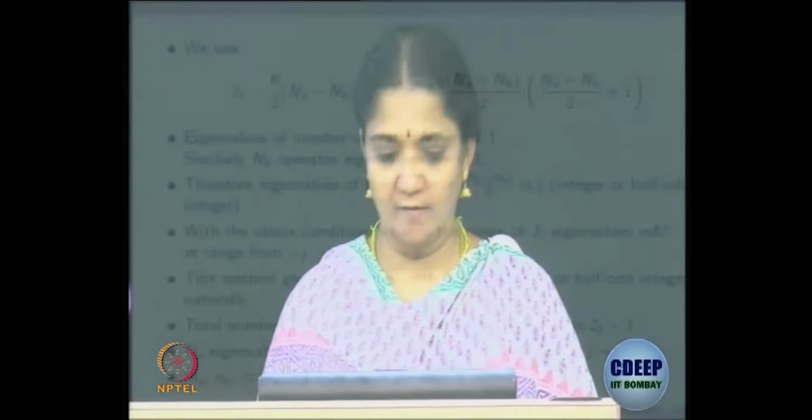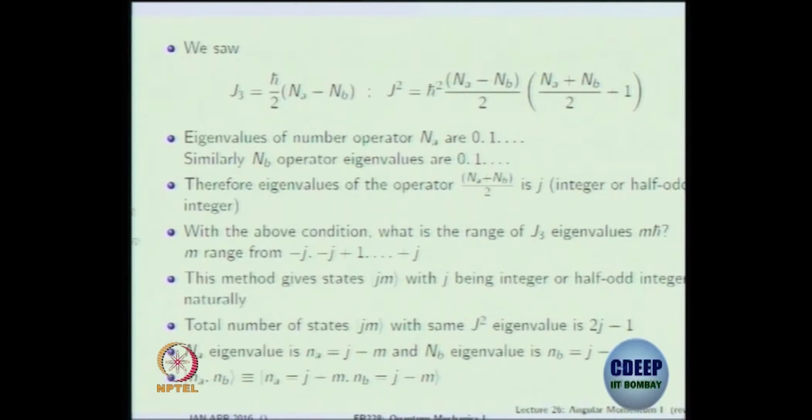So, formally, I can either use Na comma Nb, which is equivalent to Na is J plus M and Nb is J minus M, which I can formally write as J comma M. Either the state can be denoted by Na comma Nb, or I can denote the state by J comma M. There is no problem, where the relation between Na and Nb to J and M is exactly this.